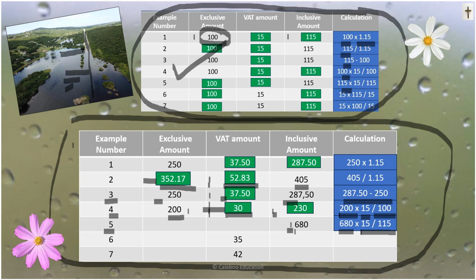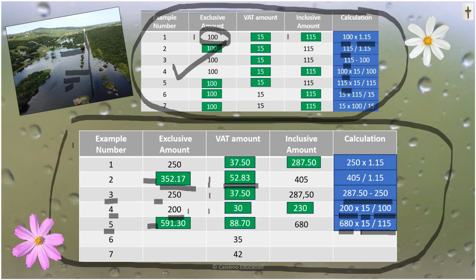So the full amount, including VAT, multiplied by 15 divided by 115 is equal to 88 Rand 70. And to calculate the exclusive amount, all I need to do is take the VAT amount off the 680, and we get 591 Rand and 30 cents.